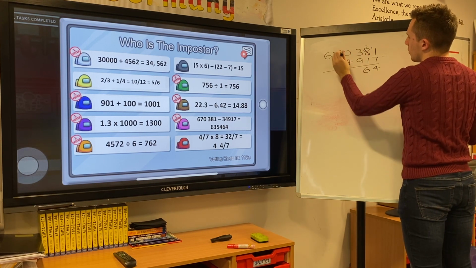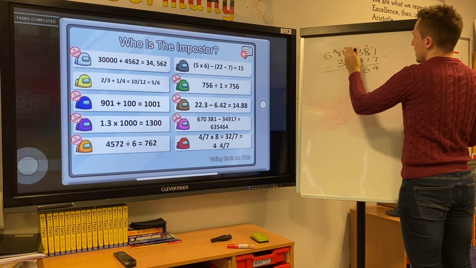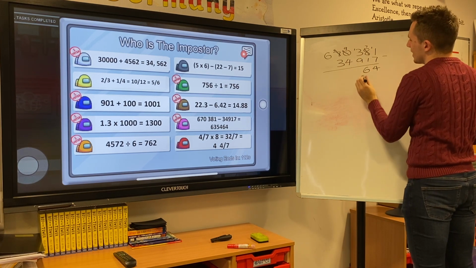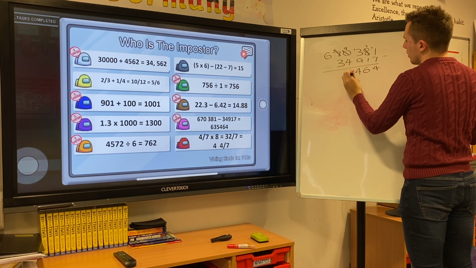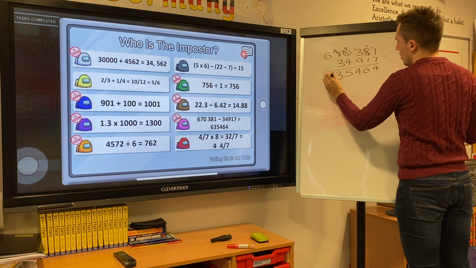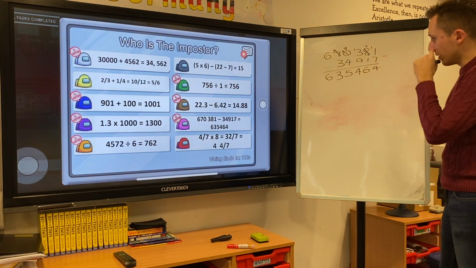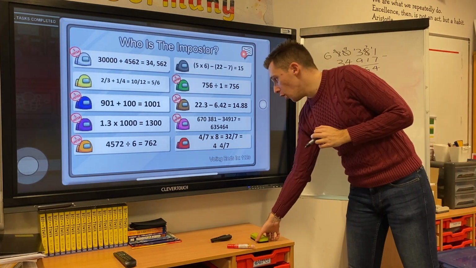Can't do 3 take away 9. Going to borrow from here. Then we're going to borrow from here. 13 take away 9 is going to be 4. 9 take away 4 is 5. 6 take away 3 is 3. 6 take away nothing. 635,464. Good.